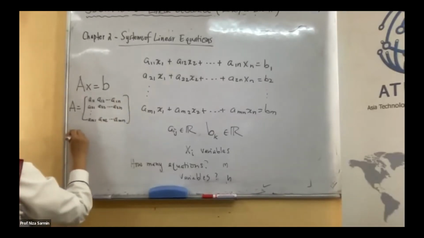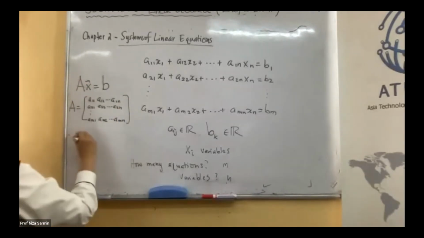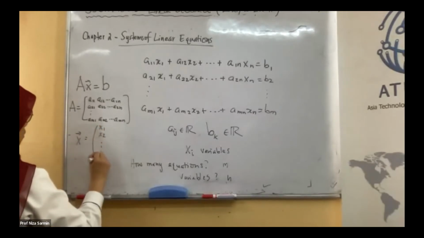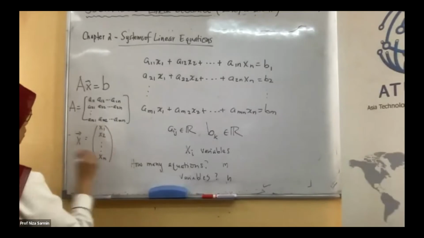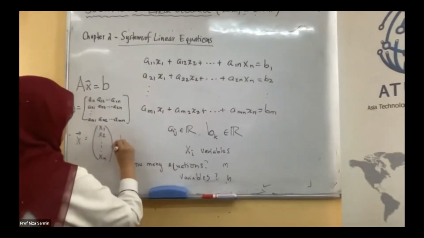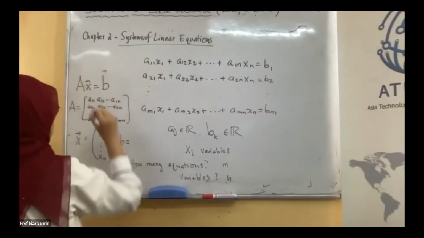And X, we normally put like this because this is the vector, and B actually is also like this.